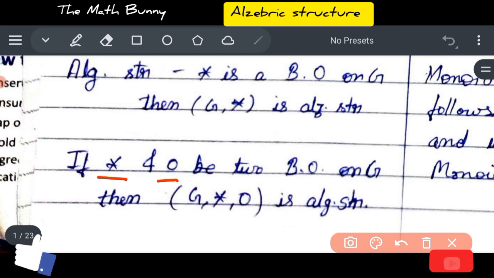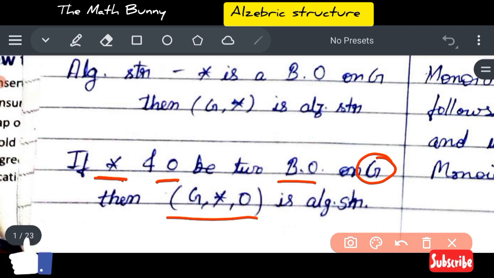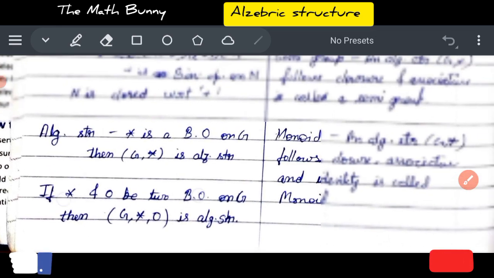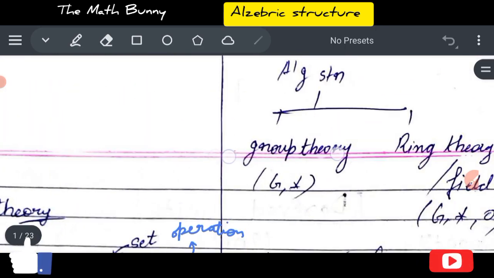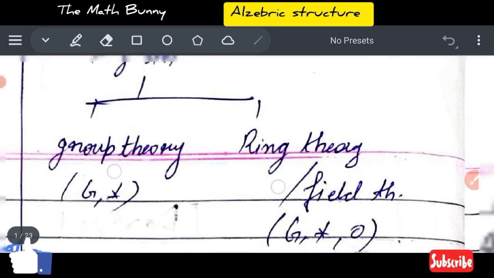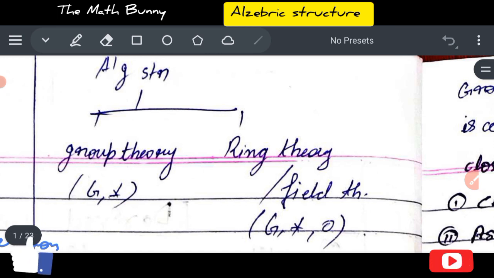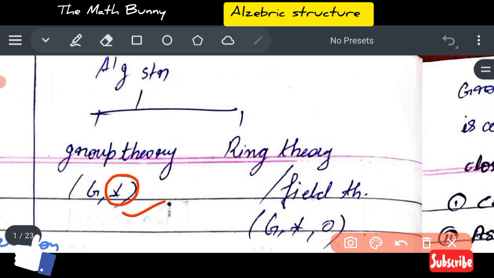If star and O are two binary operations on G, then this type of structure is also called an algebraic structure. Now there are two types of algebraic structure. The first type you have to study in group theory, in which you take only one type of operation.